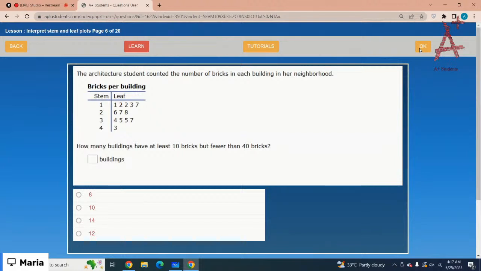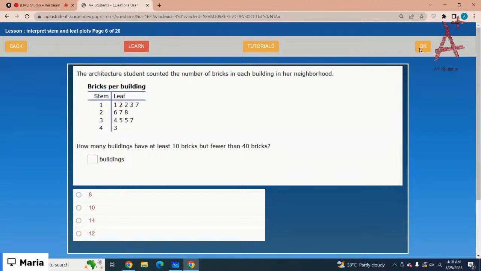You have to count the values that are at least 10 bricks but fewer than 40.